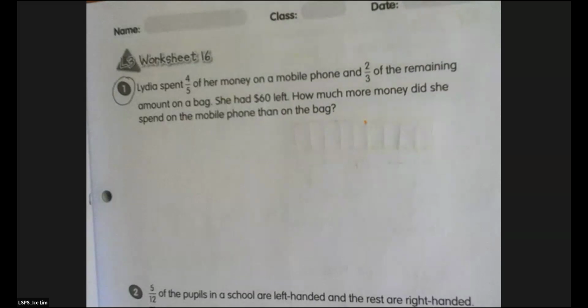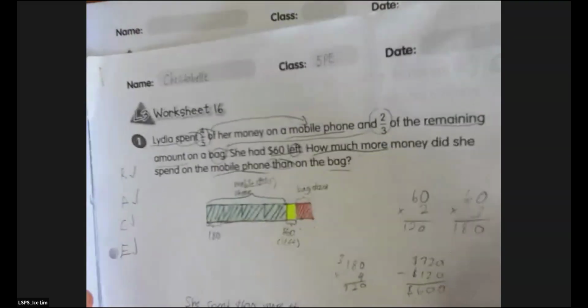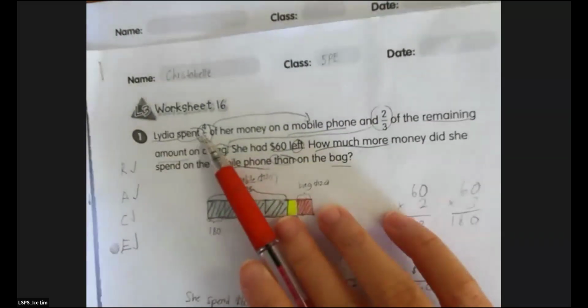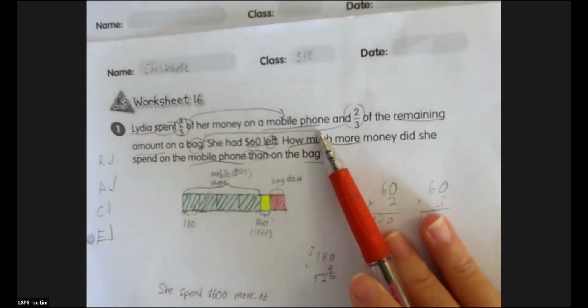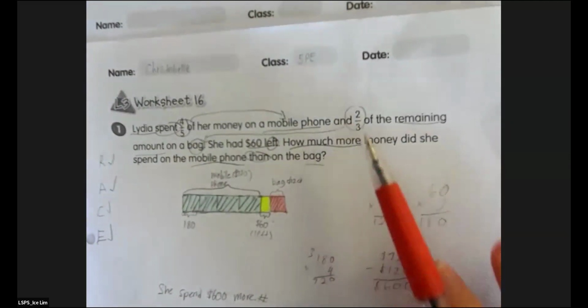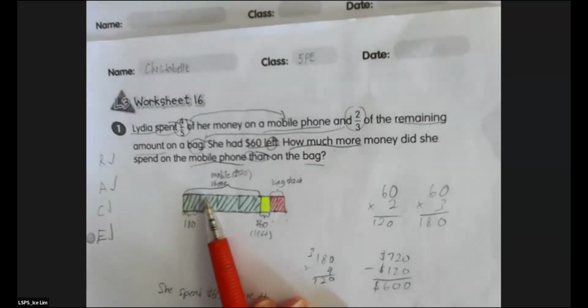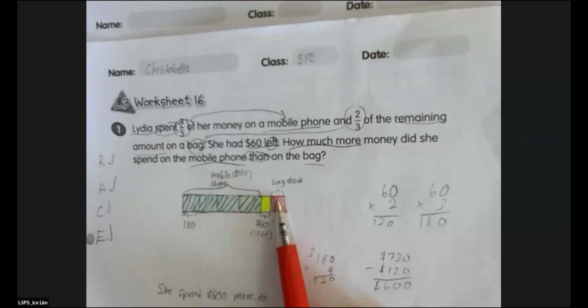Let me look at Christabel's answer. Over here, she says Lydia spent 4/5 of her money on a mobile phone. Based on what I'm looking at, she has 1 big unit, 2 big units, 3 big units, 4 big units, 5 big units.